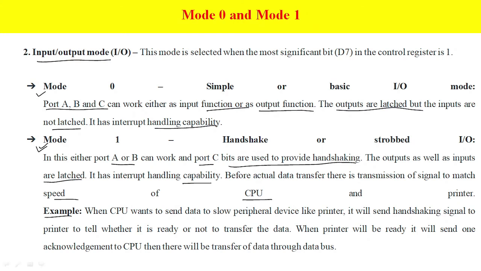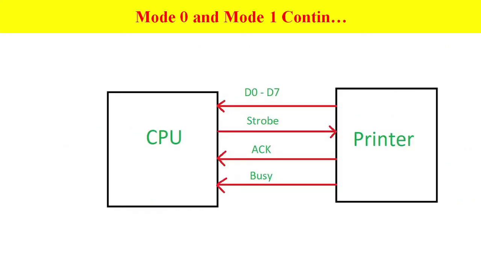Example is when the CPU wants to send data to a slow peripheral device like a printer, it will send a handshaking signal to the printer to tell whether it is ready or not to transfer the data. When the printer is ready, it will send one acknowledgement to the CPU, then only it can transfer data to the data bus.